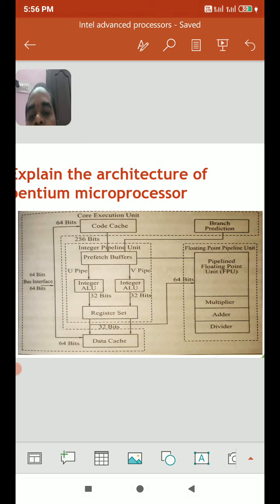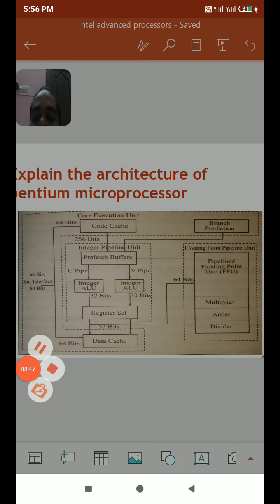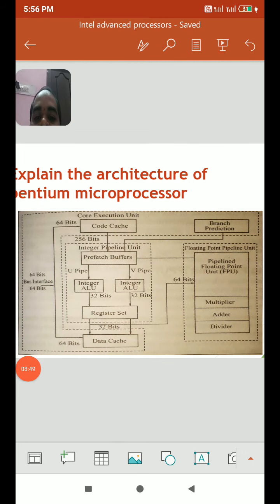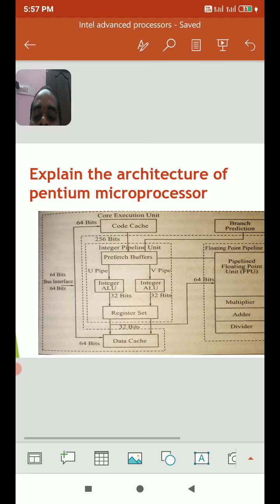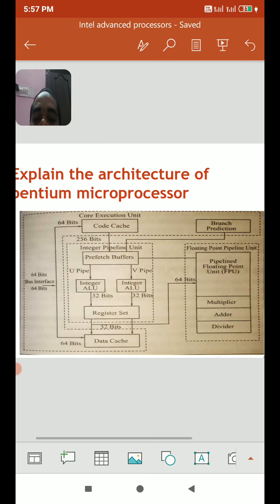The core execution unit has two cache memories, code cache and data cache. The code cache is 64 bits and the data cache is 64 bits, and the integer pipeline unit contains 256 bits. Basically the Pentium is a 64-bit microprocessor, that's why 64 bits of data can be transferred at a time.